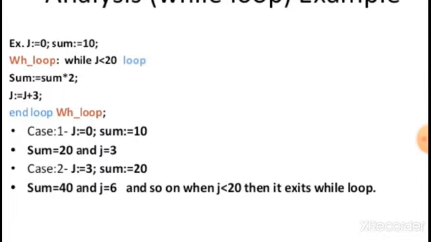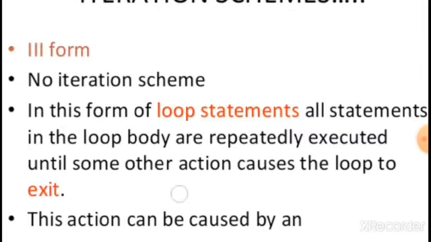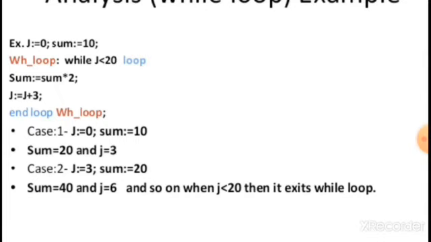When the condition is true, it should execute the body of the loop once again. According to that, when j is equal to 0, sum is equal to 20; j is equal to 3, sum is equal to 20. Now sum is equal to 20 and the next one is j is equal to 6. Similarly, what happens after executing?